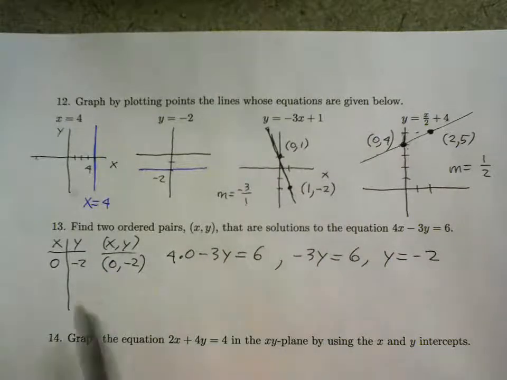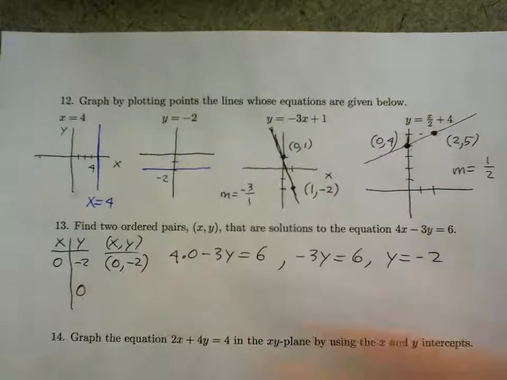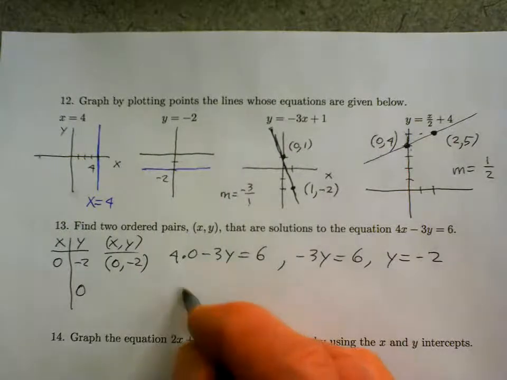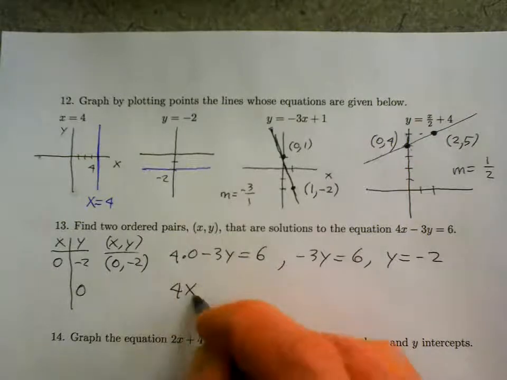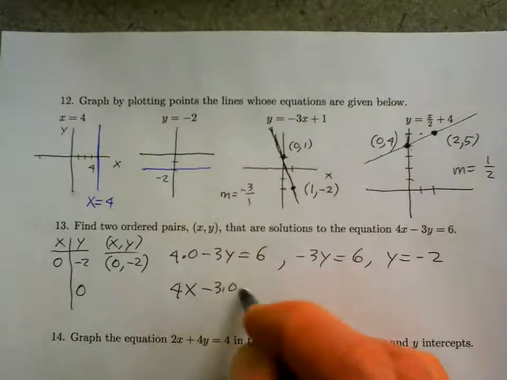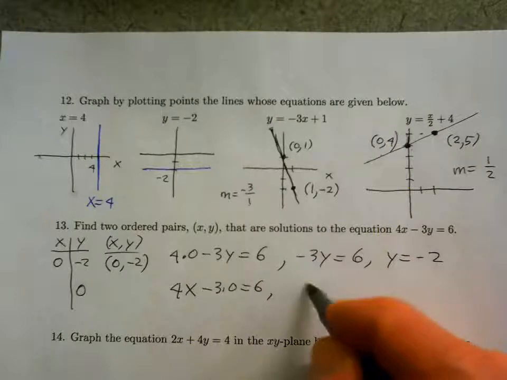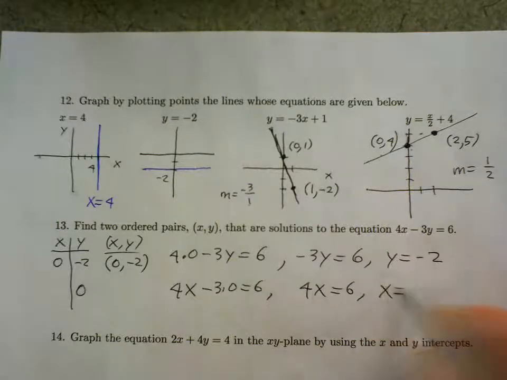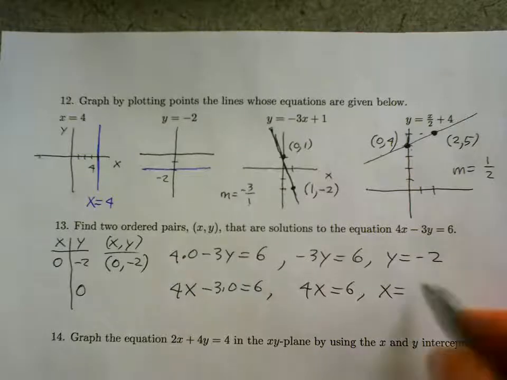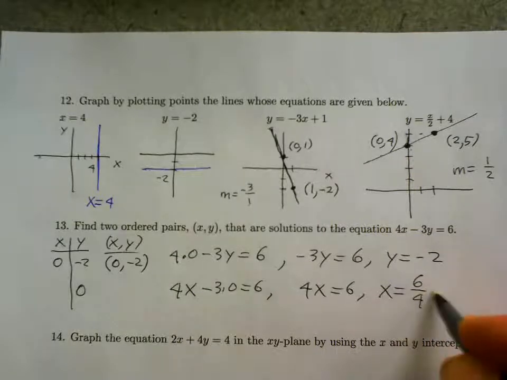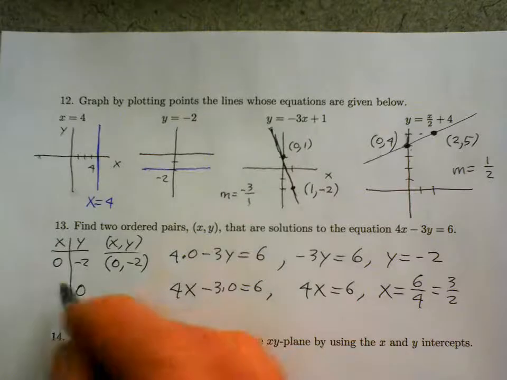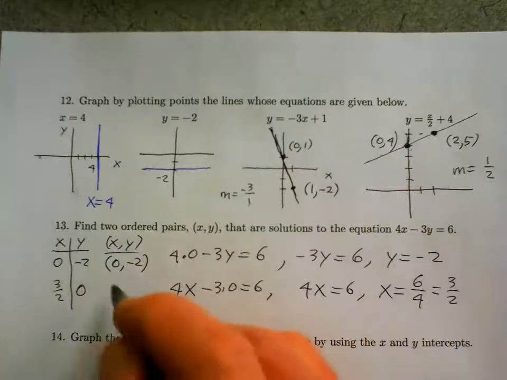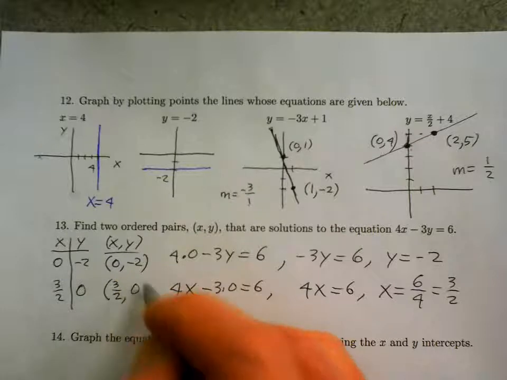And if you want, you can pick y to be 0. And if y is 0, we have 4x minus 3 times 0 equals 6, or 4x equals 6. Divide both sides by 4, x equals 6 divided by 4, or 3/2. So a second solution is the ordered pair (3/2, 0).